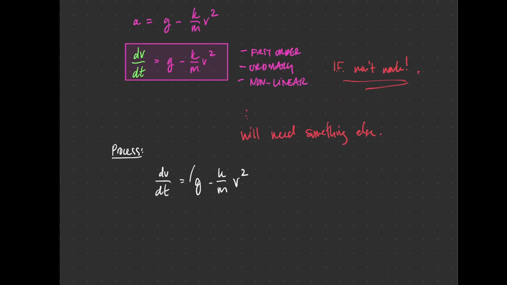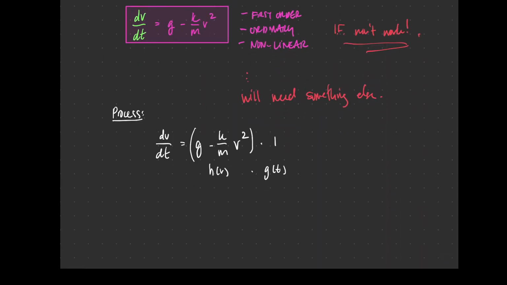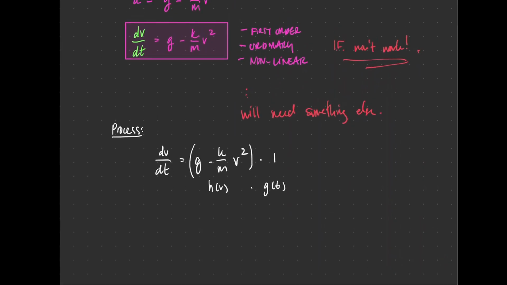But we'll treat this whole thing as a function of v, and h of v times g of t being 1. And then we'll divide this all over to the left side and multiply both sides by dt. And so we'll get dv over this whole thing, g minus k over m v squared, equals dt, 1 dt.